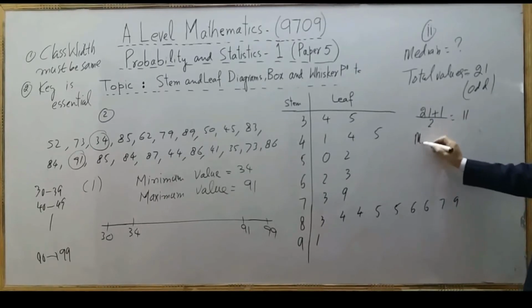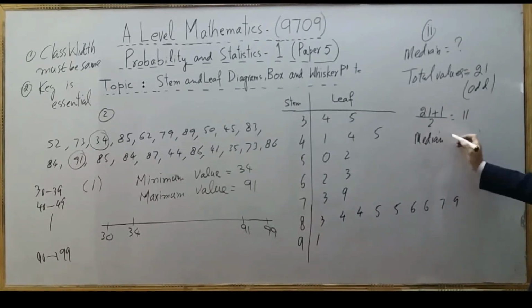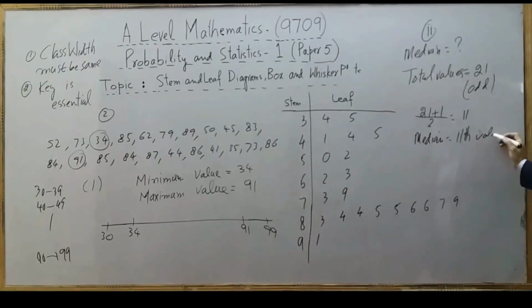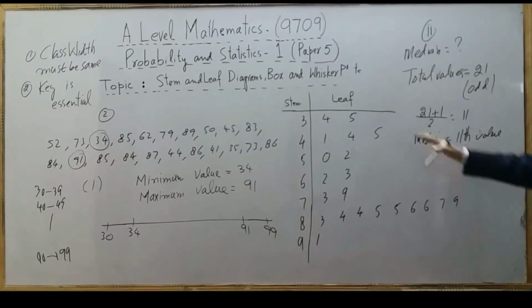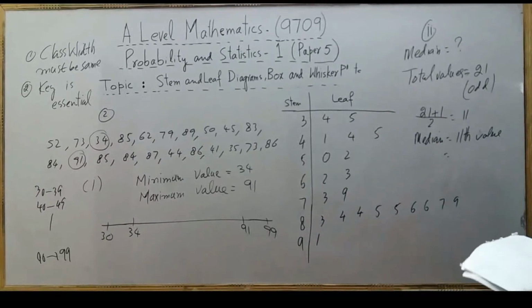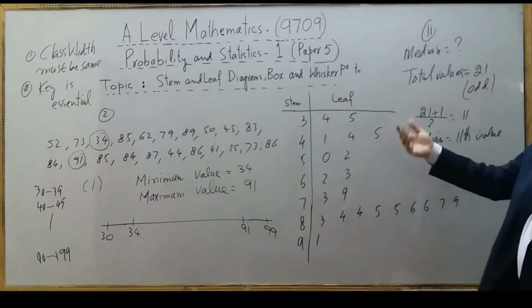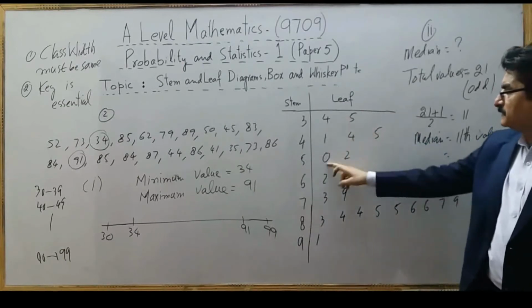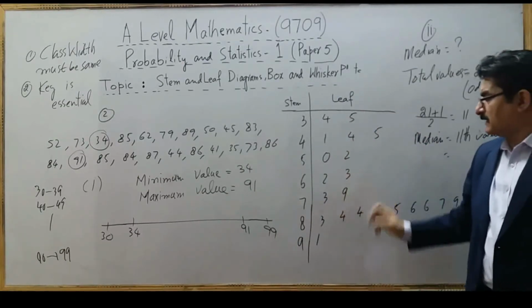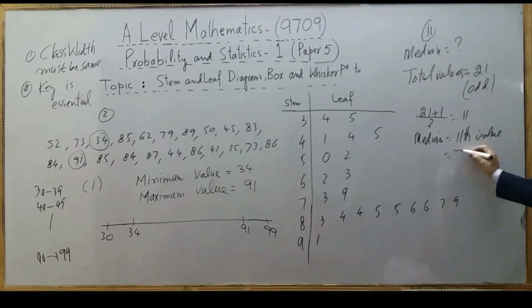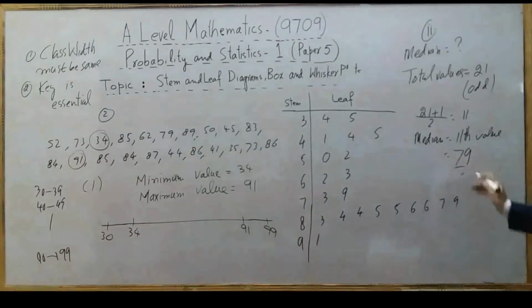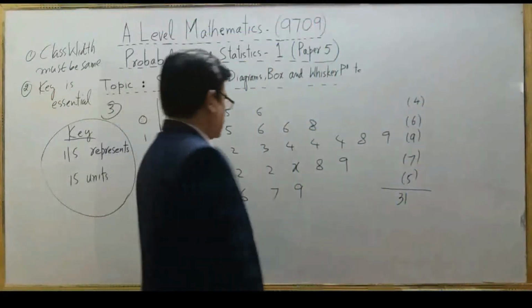So the median will be the 11th value. Now it is arranged in ascending order, so you can move from top to bottom or bottom to top. So 1, 2, 3, 4, 5, 6, 7, 8, 9, 10, 11. So our 11th value is 79. This is your median. Okay, we have example 3.